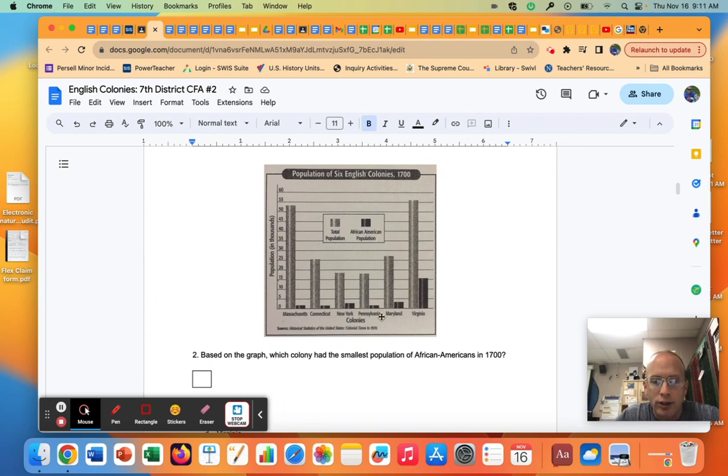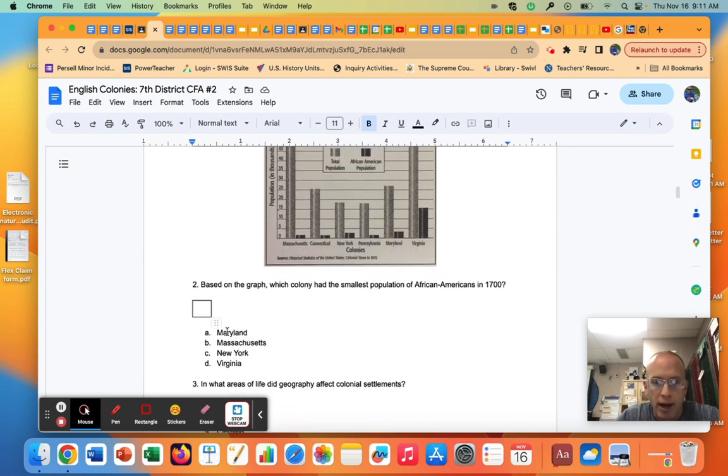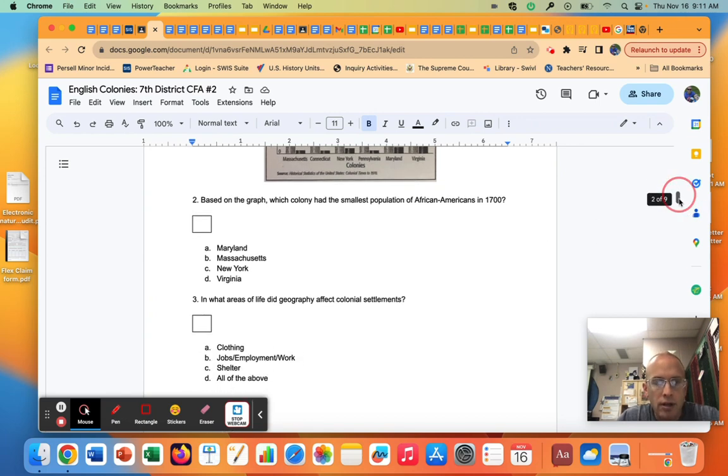What colony had the smallest amount of African American population? So here are your choices: Maryland, Massachusetts, New York, and Virginia. Okay, so one of those is the smallest. So look at the bar graph. All right, the next one.